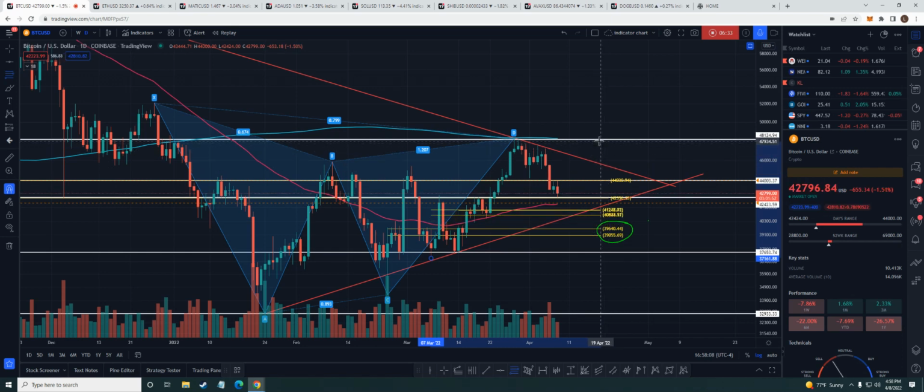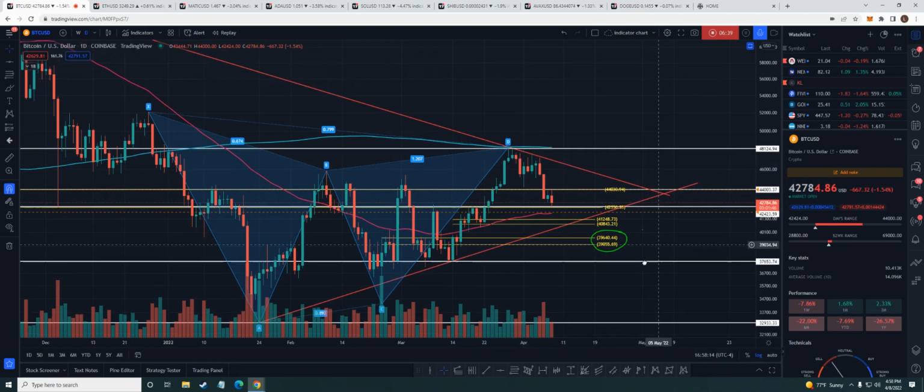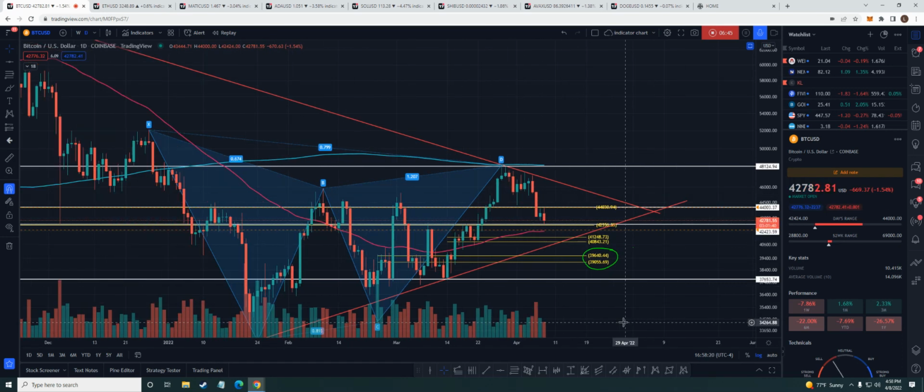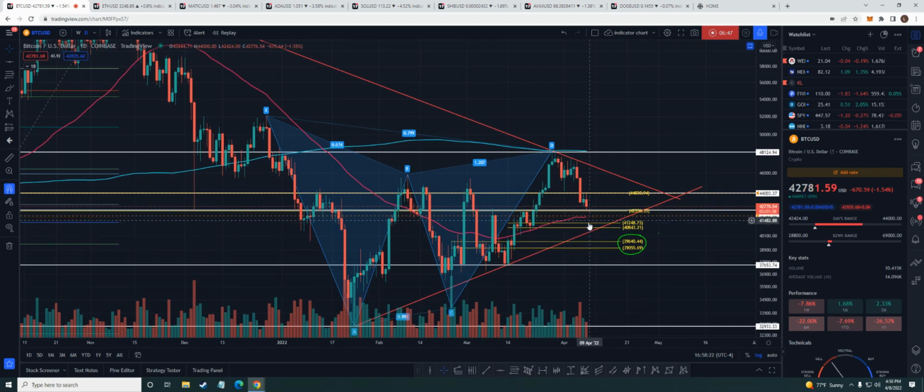Yeah. So then we got that from that. Okay. So that's how we got this target. All right. And yeah, so this is what we're looking at. We're looking at these targets to the downside. We want to see maybe a bounce here, maybe a short-term bounce, and then maybe to come down here.